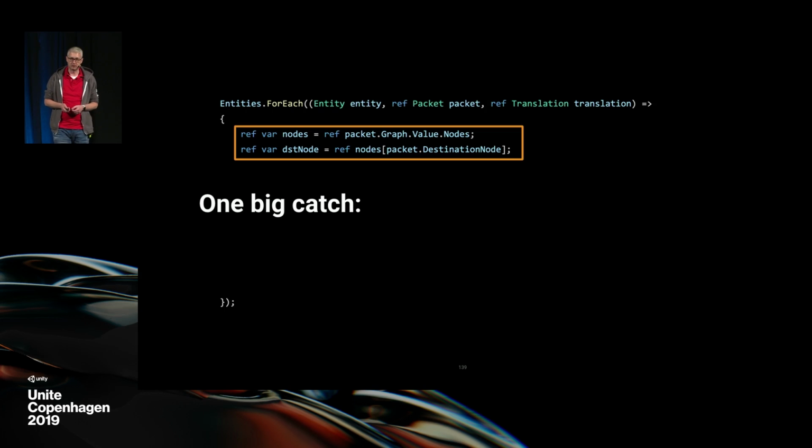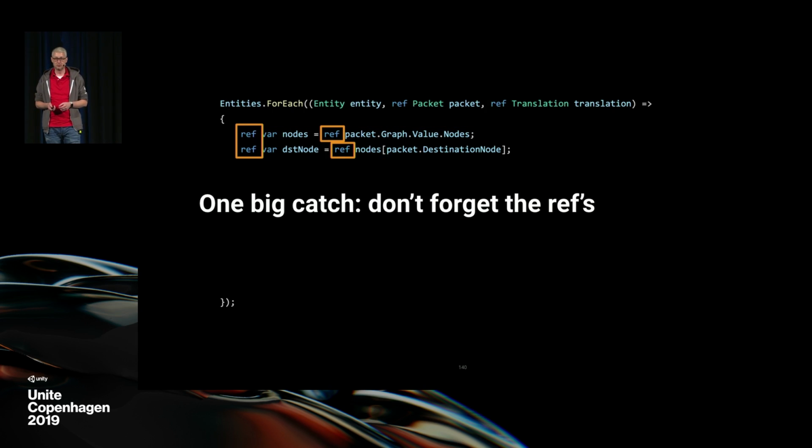Now there's one big catch here. You should not forget the refs. This is really important. What happens if you forget the refs is that you take a copy of the array. Since everything is offset-based, you will then just be indexing into your stack.